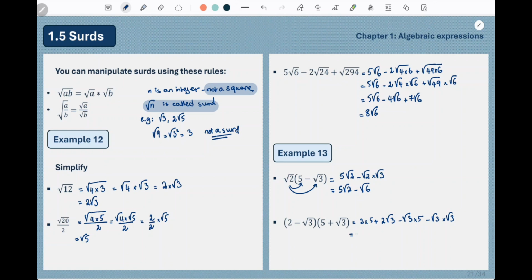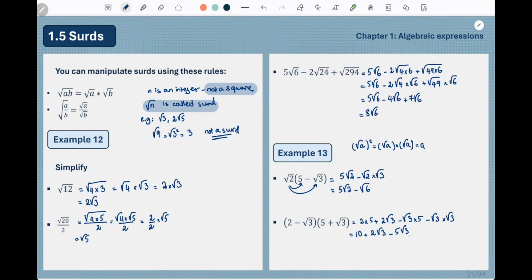So 2 times 5 is 10, plus 2 square root of 3 minus 5 square root of 3. And because the square root of 3 is repeated twice, we know that, for example, a squared, or alternatively square root of a times square root of a, is simply a.